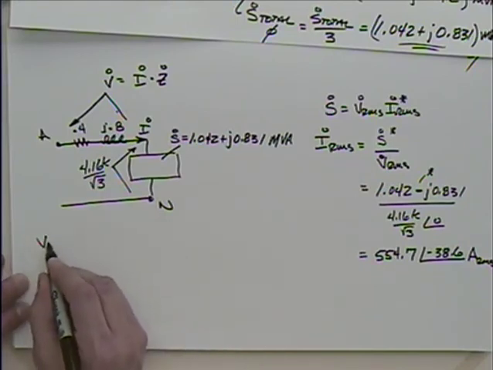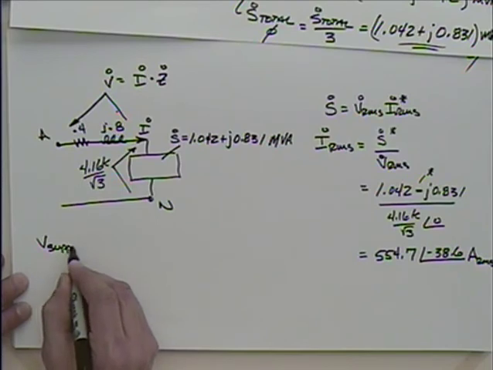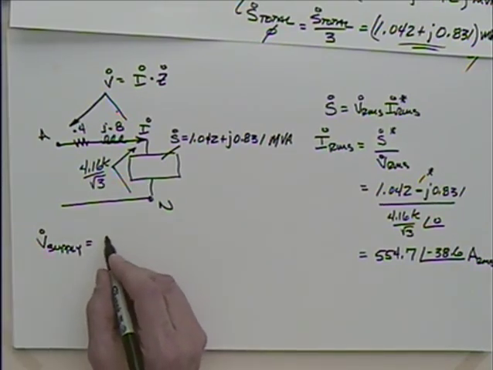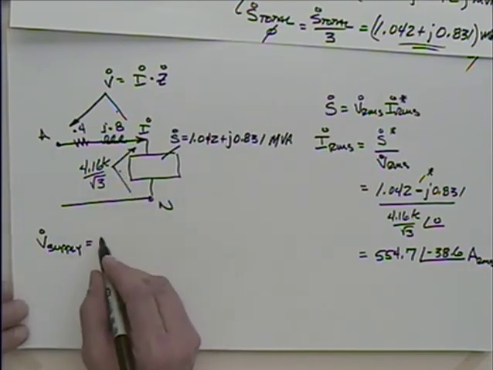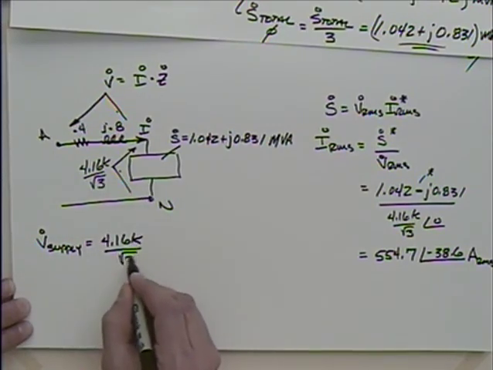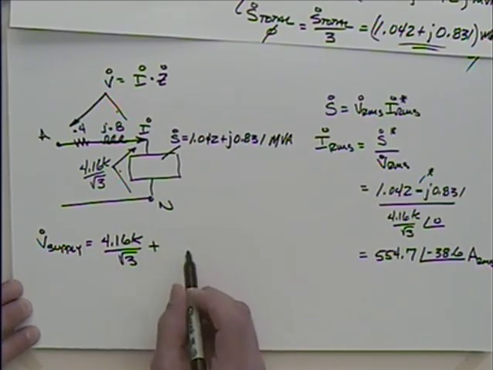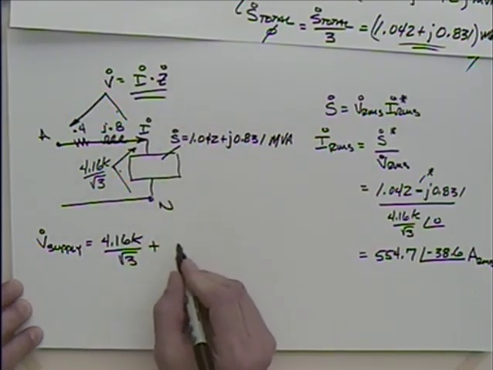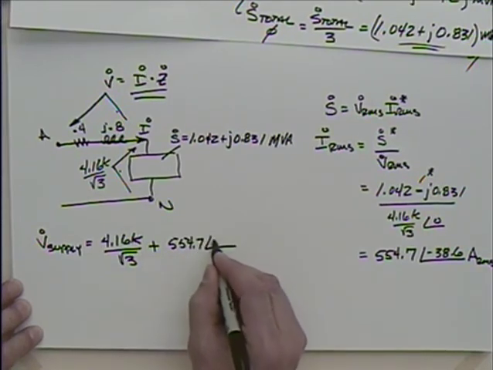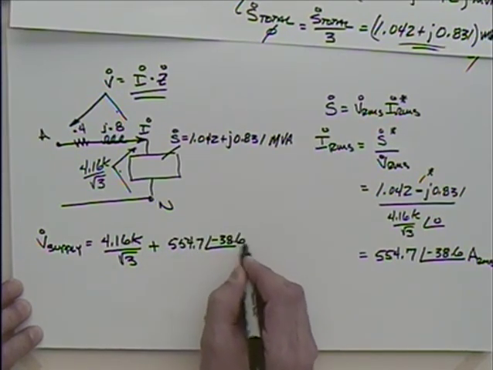So I could talk about my V supply. That would be equal to this voltage here that I need, 4.16 k over the square root of 3, plus that, 554.7 at an angle of minus 38.6.